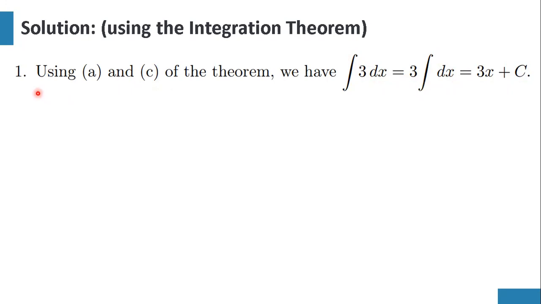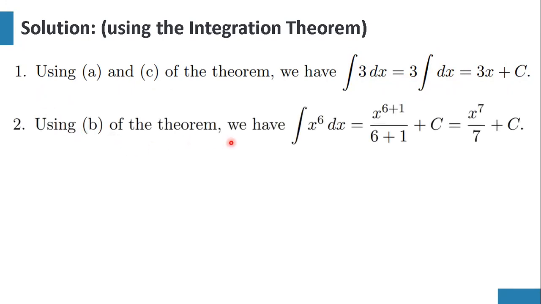And for the second example, using B of the theorem, or theorem number 2, we have the integration of x raised to the power of 6 dx is just equal to x raised to the power of 6 plus 1 all over 6 plus 1 plus c. We need to take note that what you do in the exponent is what you also place in your overall denominator.